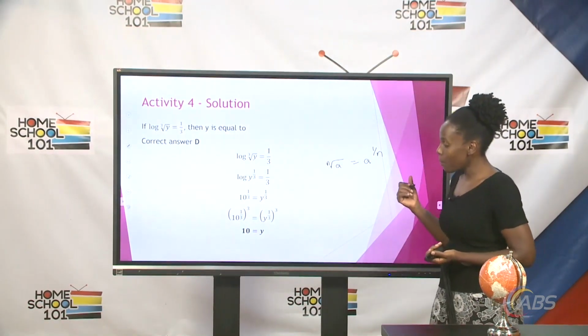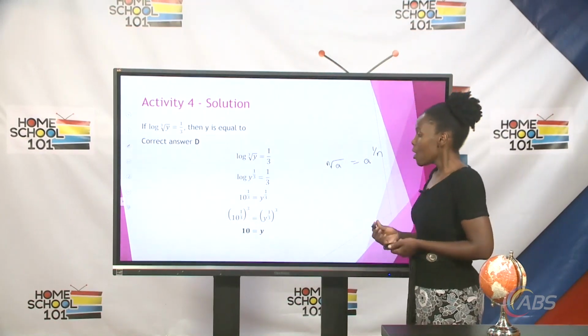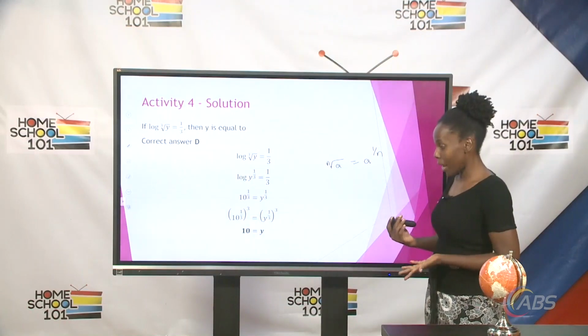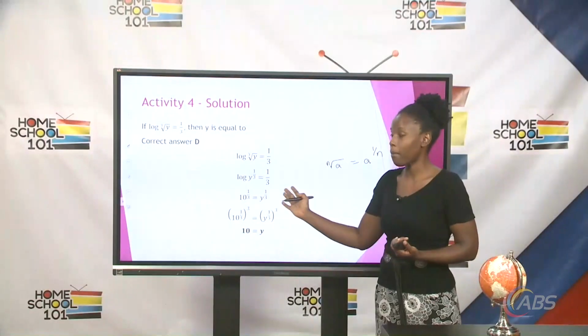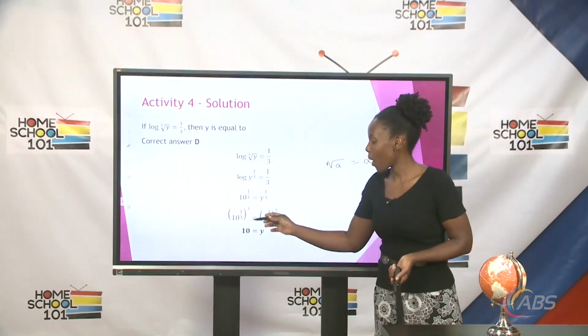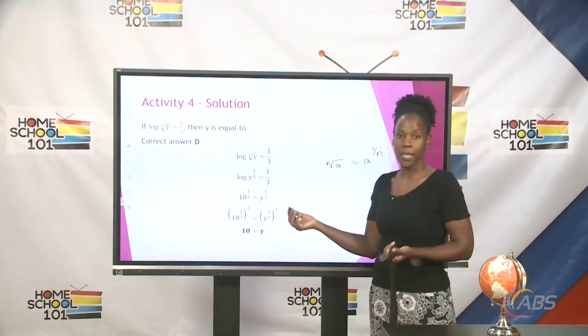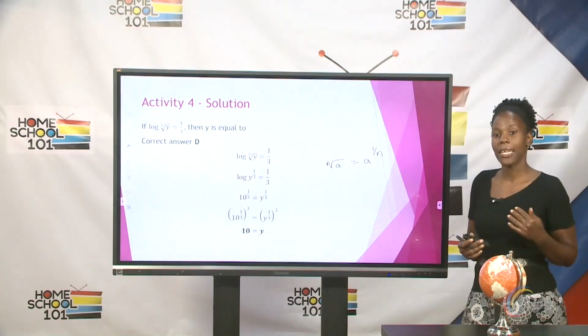So it is 10 to the power 1/3 is equal to y to the power 1/3. So therefore, what I would need to do is to cube both sides, and that would give me y to the power 1. So if I cube both sides, I would then apply indices again by multiplying both powers. So 1/3 times 3 would give me 1. So it becomes y is equal to 10. So in this case, my correct answer is indeed 10.